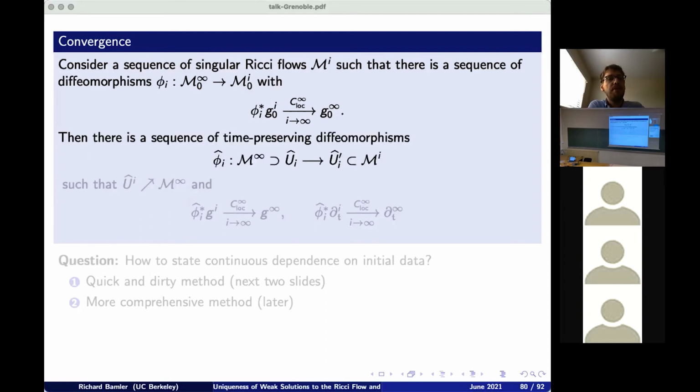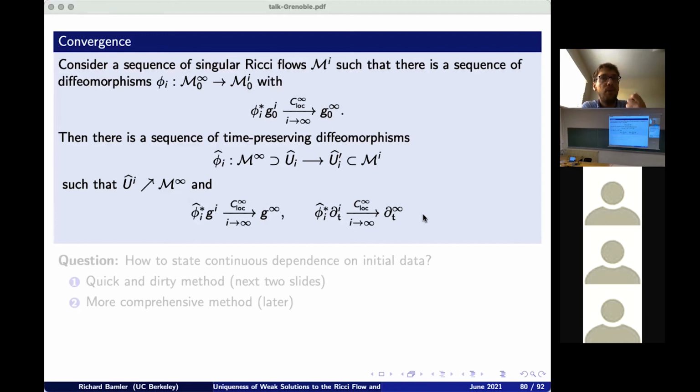Then the previous theorems imply that there is a sequence of time-preserving diffeomorphisms phi hat i from some subset of M infinity to some subset of Mi, such that the subsets Ui converge to M infinity, that there's some increasing sequence, and such that the pullbacks of the corresponding metrics Gi converge to G infinity on all of M infinity in the local smooth sense. Okay? And now we can even get a statement on the time vector field.